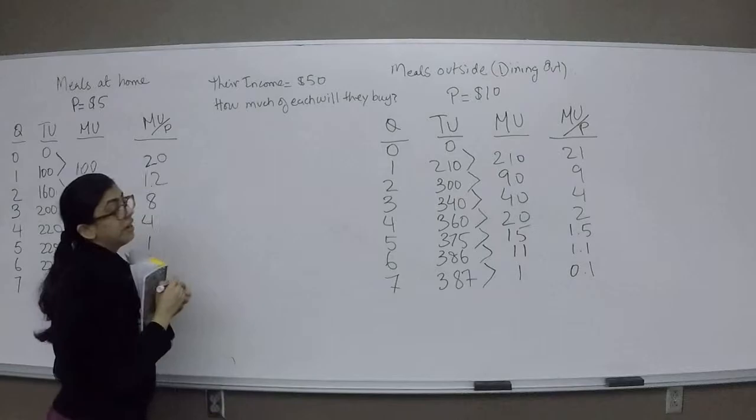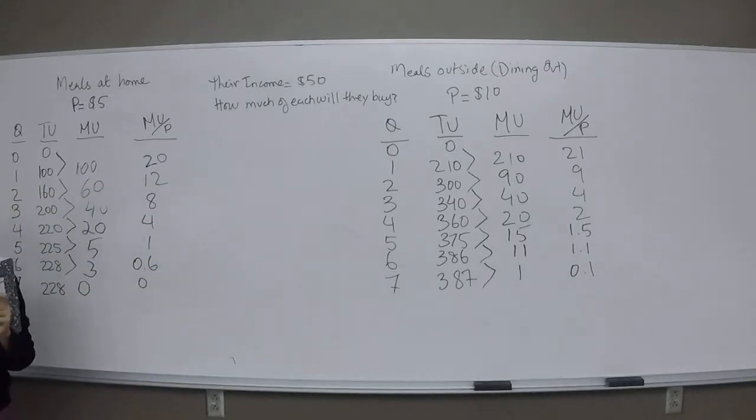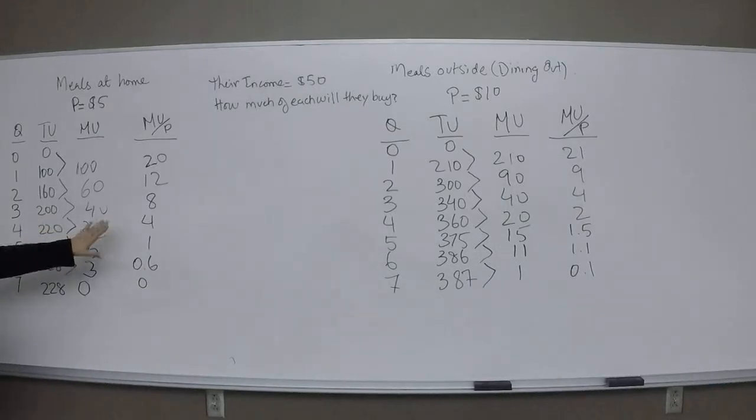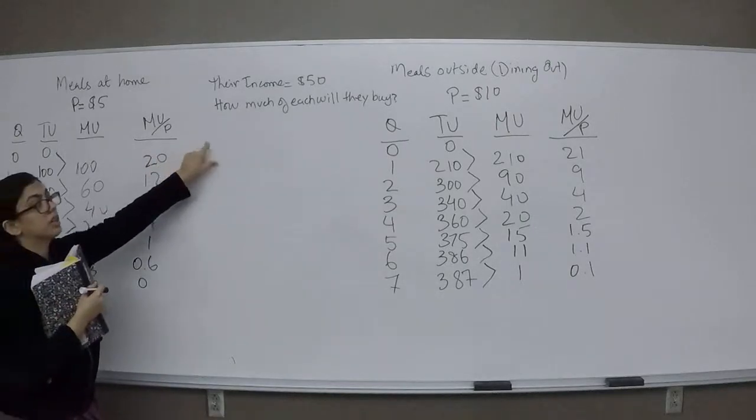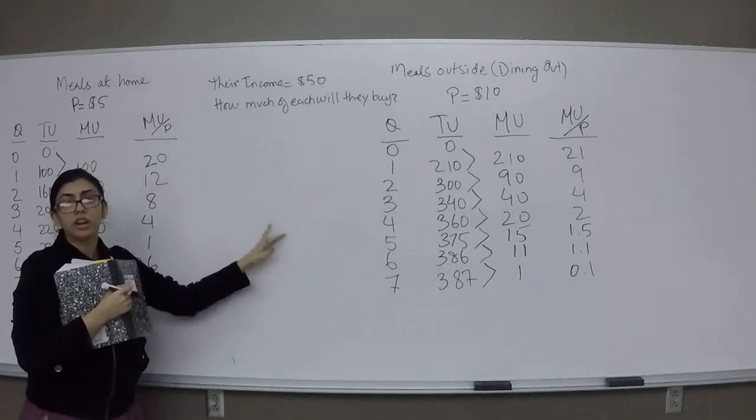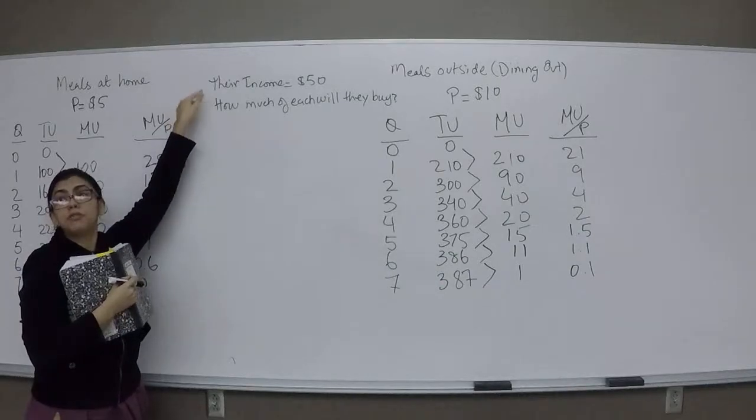So you're told their income is $50 and you're asked how many meals are they going to eat at home and how many meals are they going to eat at the restaurant. And you have to find that out, given this information. Using your marginal utility per dollar and marginal utility information, you're going to answer this question: how much of each are they going to consume given their income is $50?